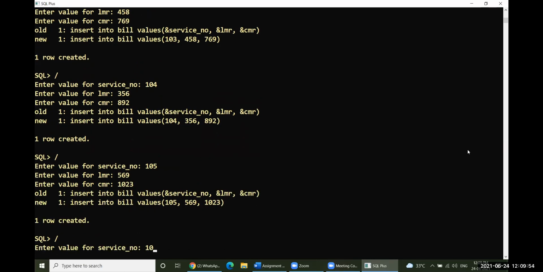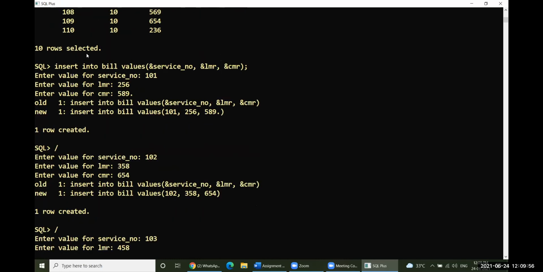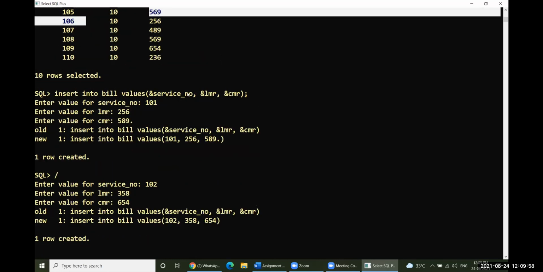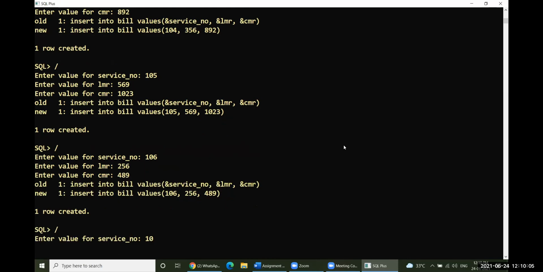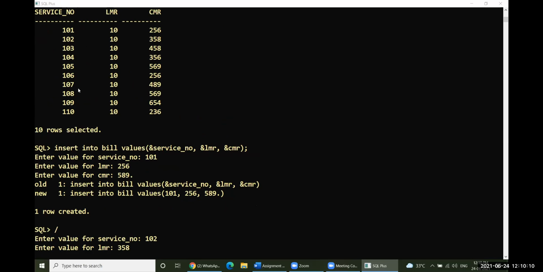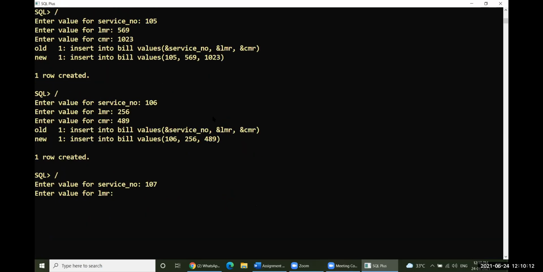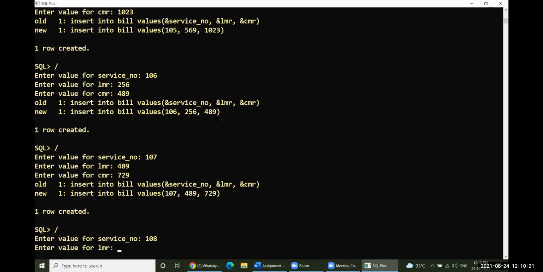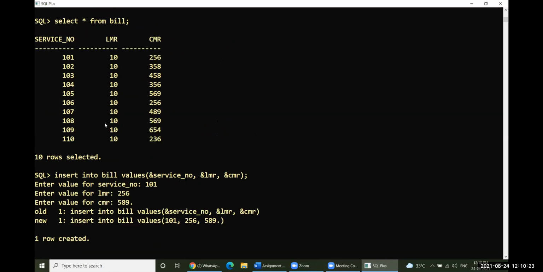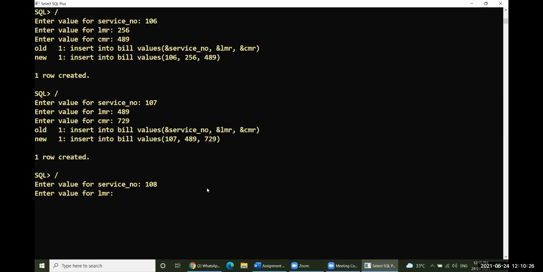And 106, the initial value is 256 and now 489. 107 initial value is 489. Now it is 729. Then 108, 569, now 654.